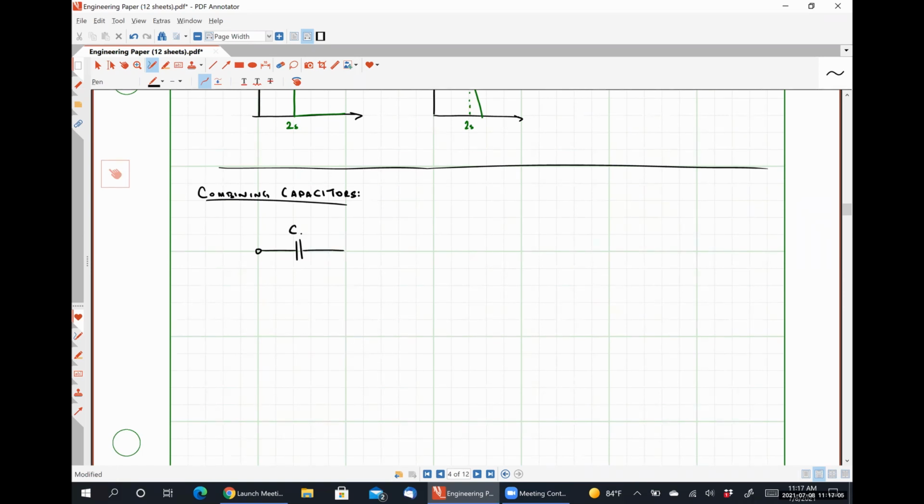Let's call this guy C1. And so we'll have an associated voltage drop, VC1. Then I'll have a capacitor C2, which will have an associated voltage drop, VC2. And out here, I have a capacitor Cn, which will have an associated voltage drop, VCn.